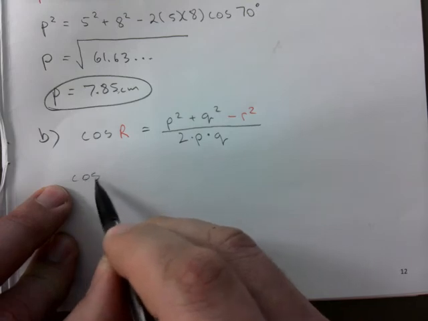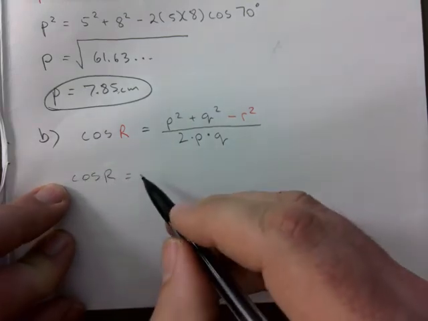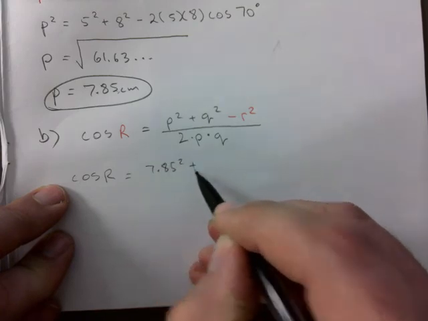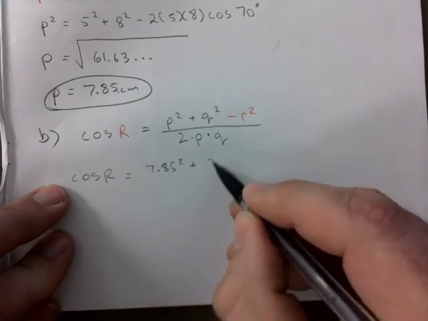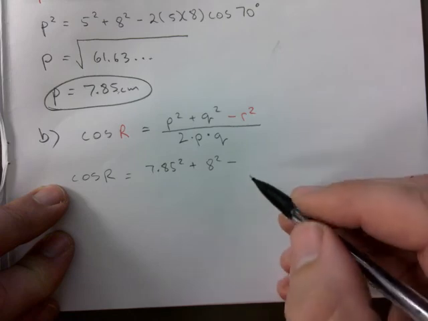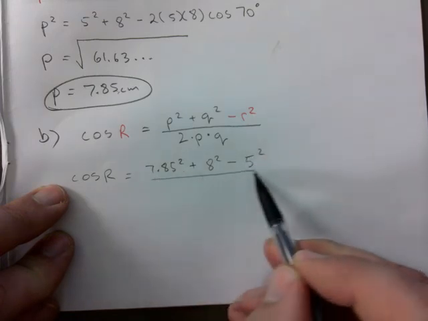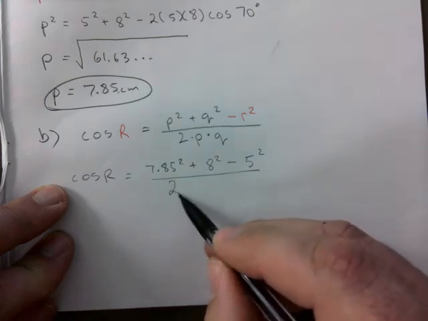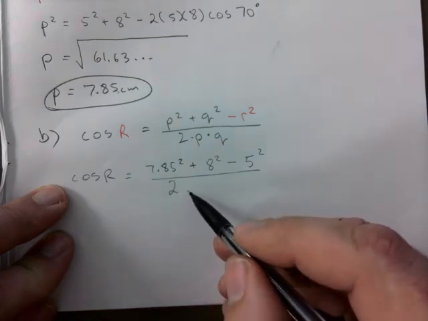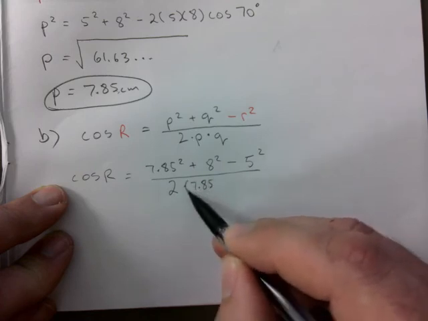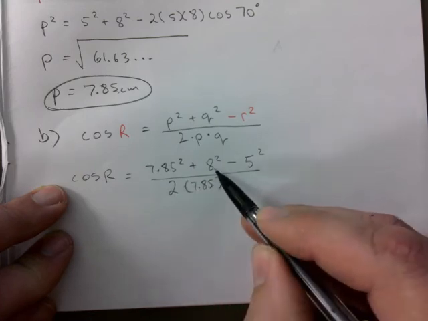So cosine of R is, P is 7.85. I just figured it out. Q is 8 squared minus R is 5 squared over 2 times P, which is that first side, 7.85. I will use brackets on this one, times 8.